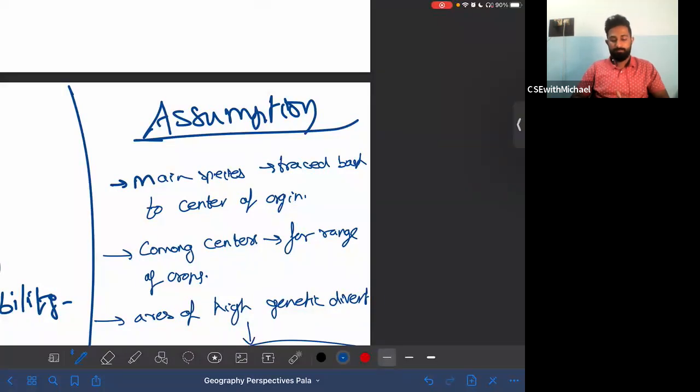These are areas with an extraordinary range of wild counterparts of the presently cultivated or domesticated plant and animal species.